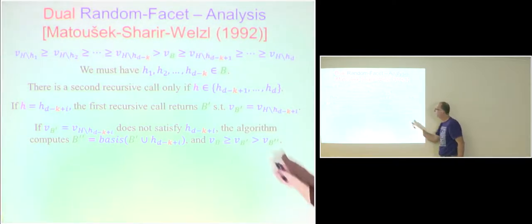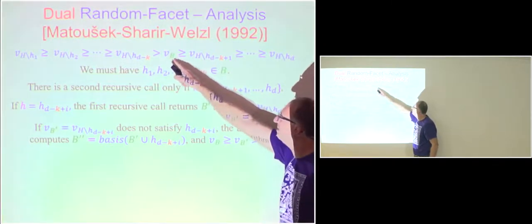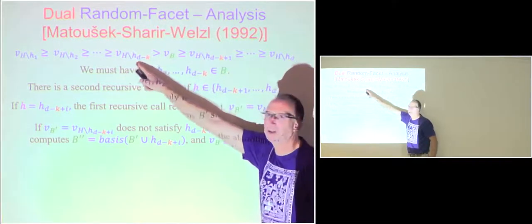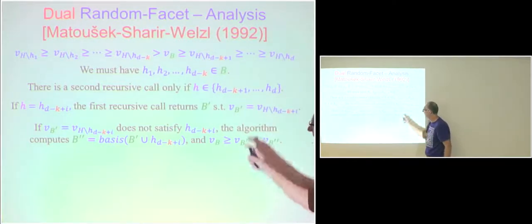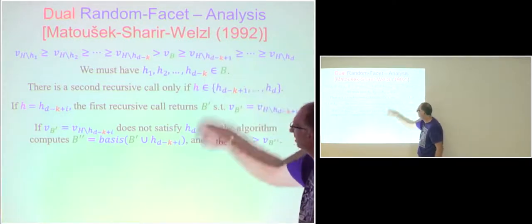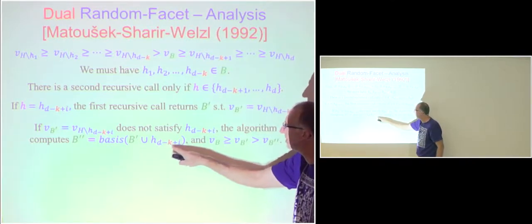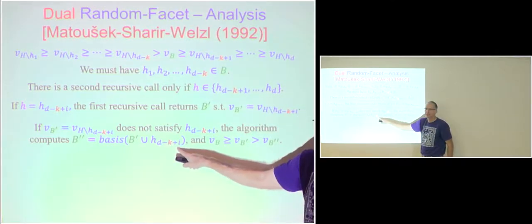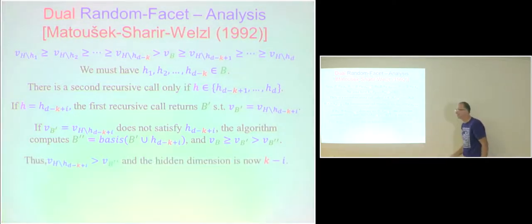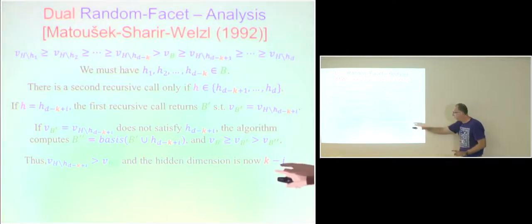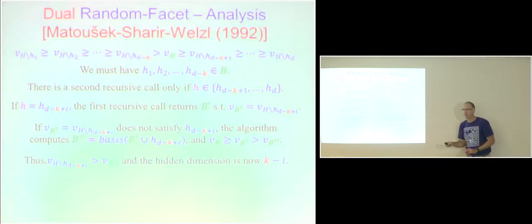Now v of b is not just smaller than all these values, it's actually smaller than the corresponding value at index d minus k plus i. In other words, the hidden dimension decreased from k to k minus i.